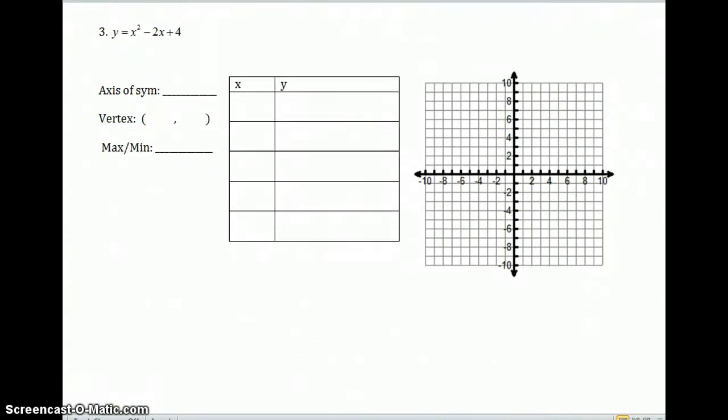All right, let's go ahead and take a look at the next example. So first, let's find the vertex. So -b over 2a is going to be 1. And then y equals 1 squared minus 2 times 1 plus 4.